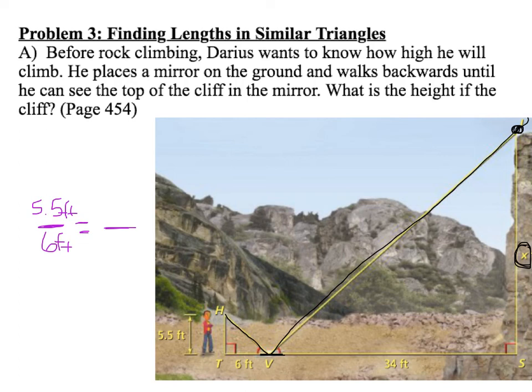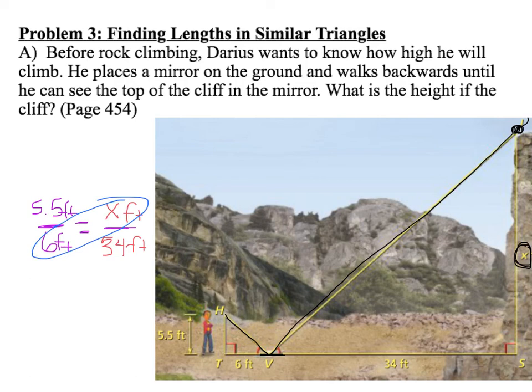Then I need the height of the cliff. Since I had the height of Darius on top, I need the height of the cliff on top over the distance of the cliff from the mirror on the bottom. Since all are in feet, our final answer will be in feet, and we don't have to worry about changing any labels.